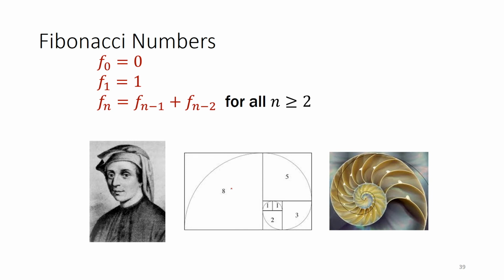Another interesting function is generating the Fibonacci numbers by recursive definition. So we have f0, that is 0, and f1 will be 1, and then we need to generate the other numbers after that. This function has two recursive calls here and there. This is one step previous, and this is two steps previous.